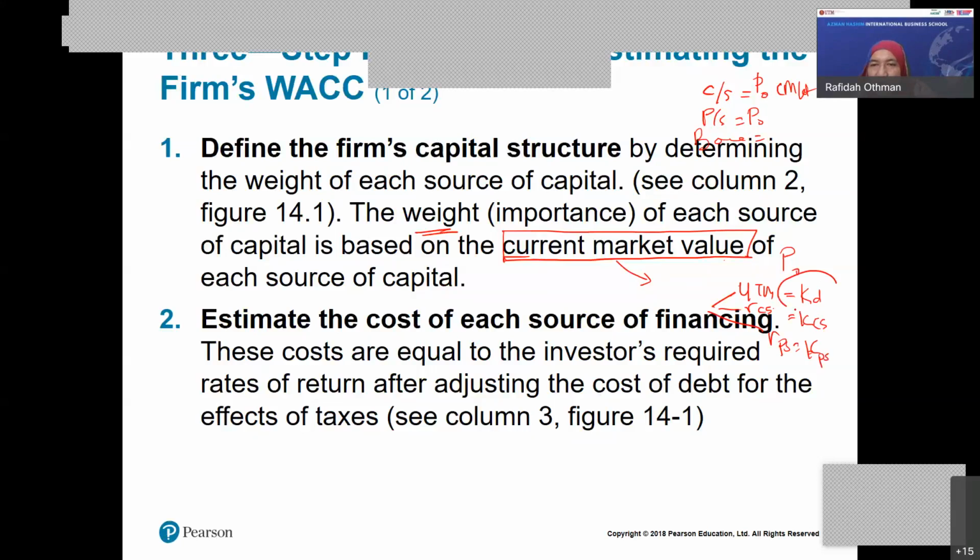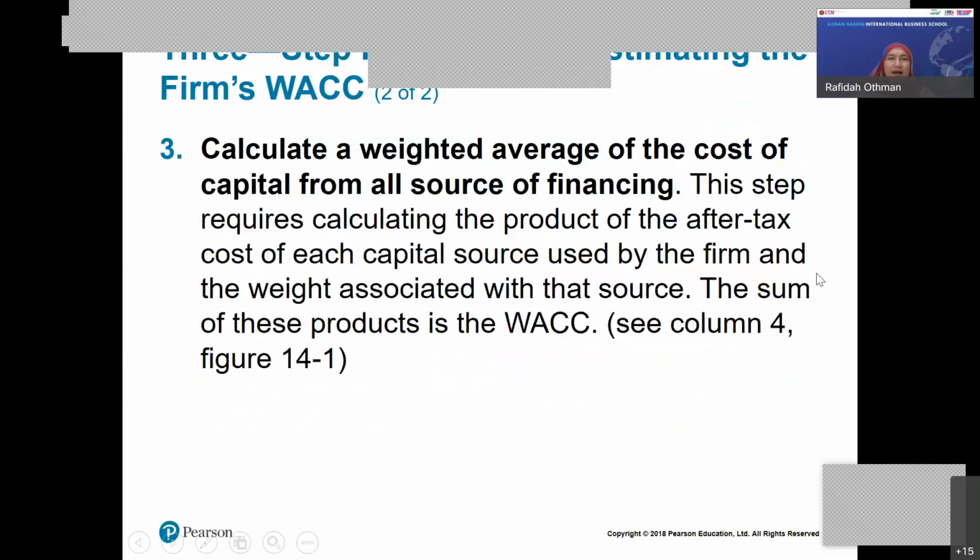The treatment you have to do here is to translate YTM to the after-tax cost of debt. Then calculate the weighted average cost of capital from all the sources. So what is the formula just now? WACC equals weightage for debt times cost of debt after tax.